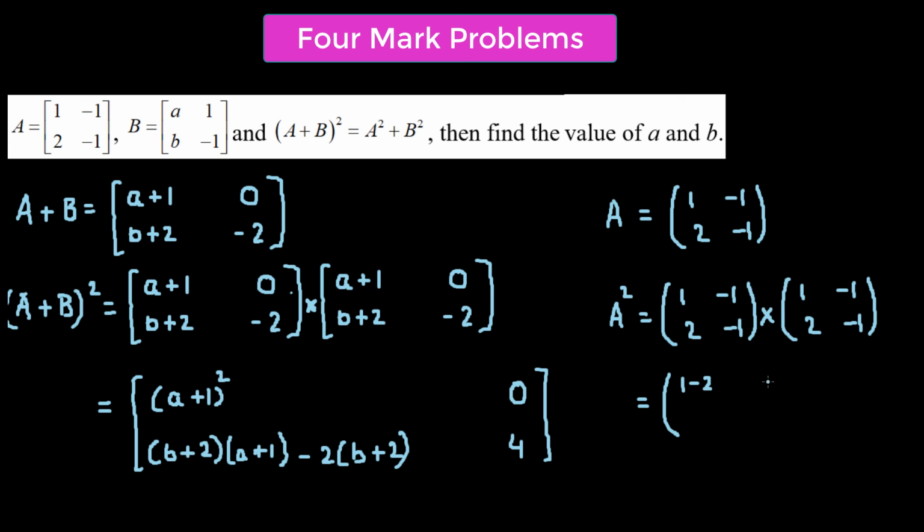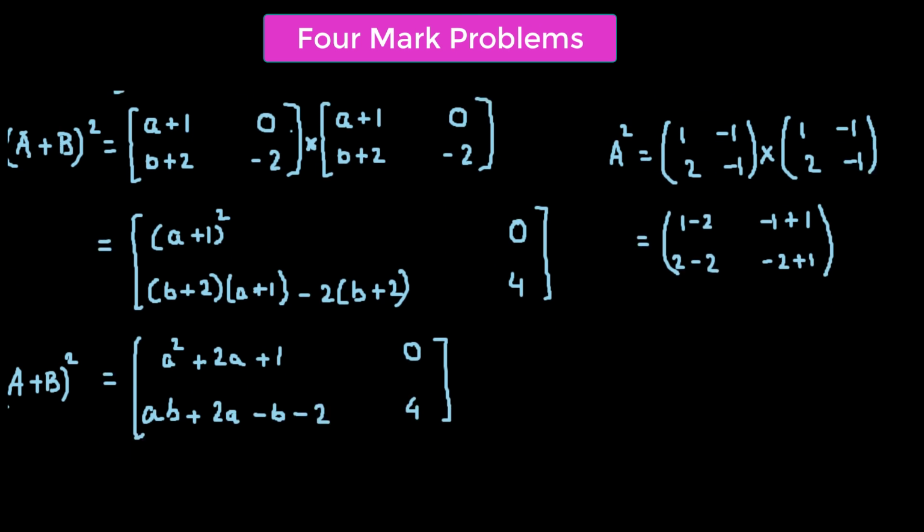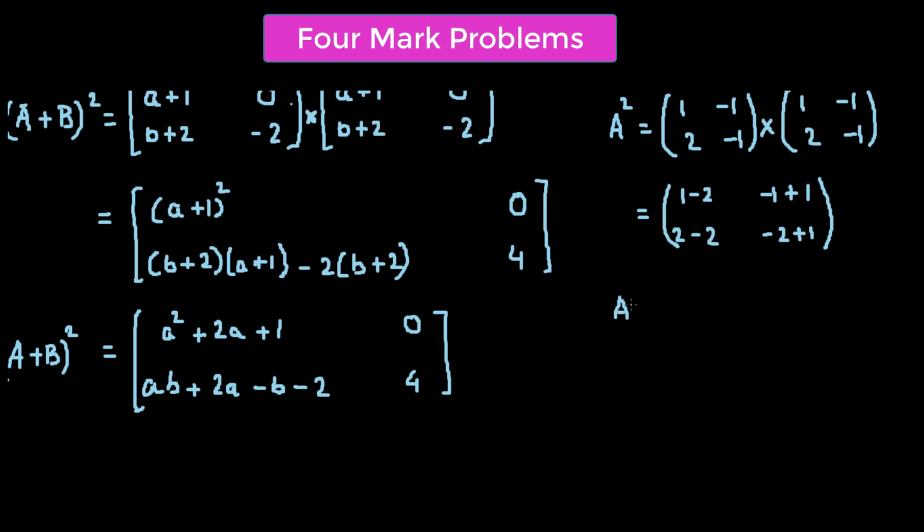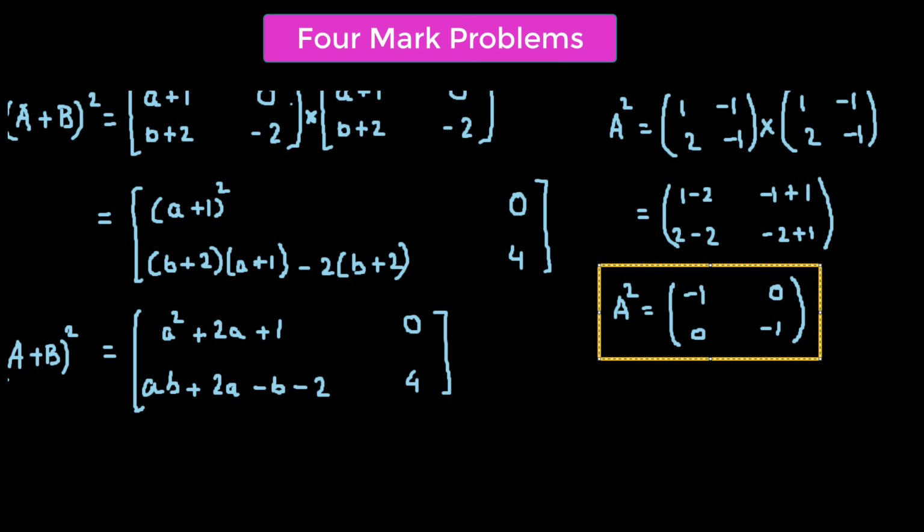Then we have negative 1 plus 1, 2, negative 2, negative 2, positive 1. So that gives us A squared equals negative 1, 0, 0, negative 1. So this is the value of A squared. Okay, let me mark it.